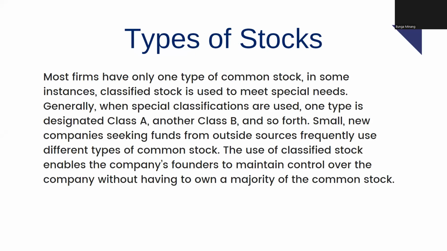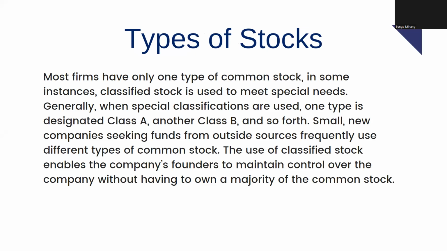Types of stock. Most firms have only one type, common stock. In some instances, classified stock is used to meet special needs. Generally, when special classifications are used, one type is designated Class A, another Class B, and so forth.